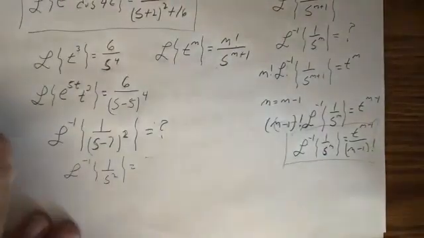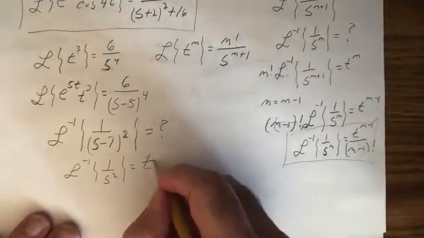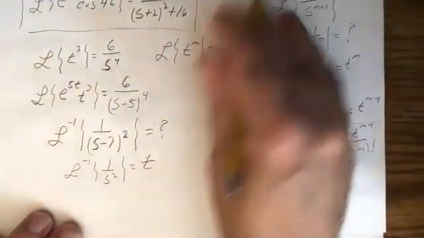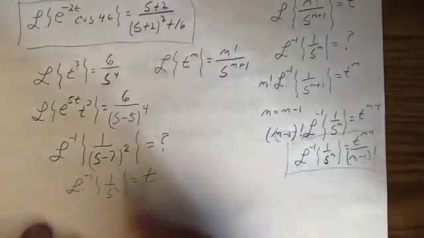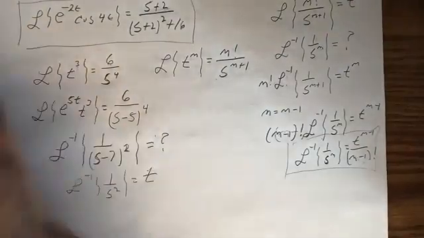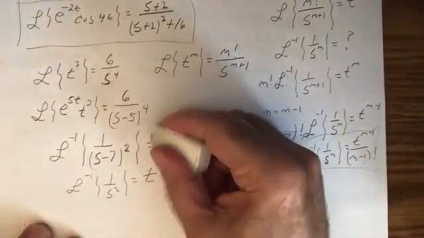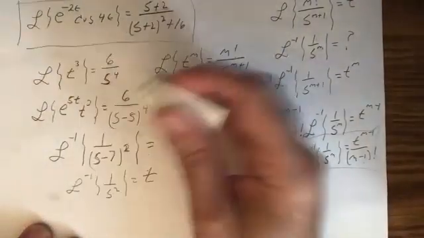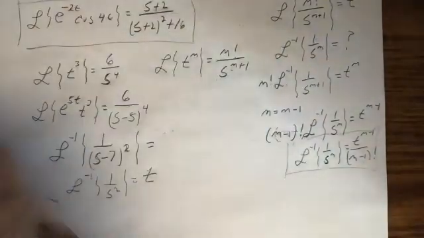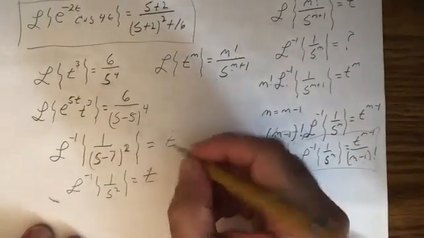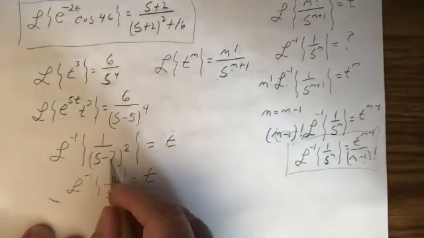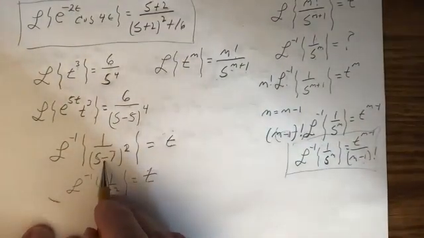So the inverse Laplace transform of this is just t. But now I have this property here, right? The inverse Laplace transform of this thing is going to be t because I got the s squared, but now I got the shift.